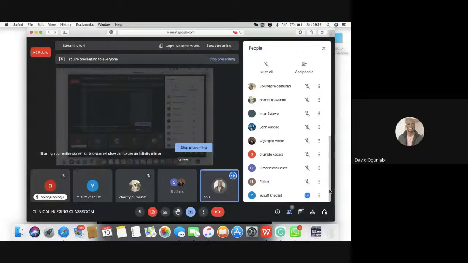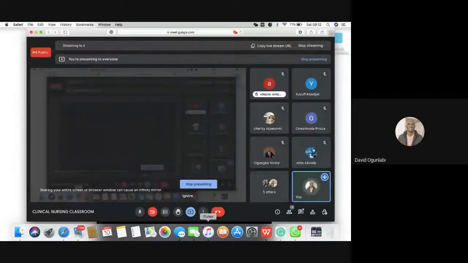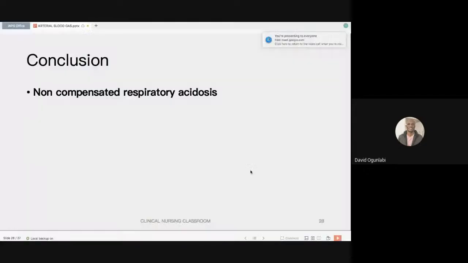Why is it not compensated? Because the bicarbonate level value is still within the normal range. Thank you. So I hope we got that. So this is the answer: non-compensated respiratory acidosis.